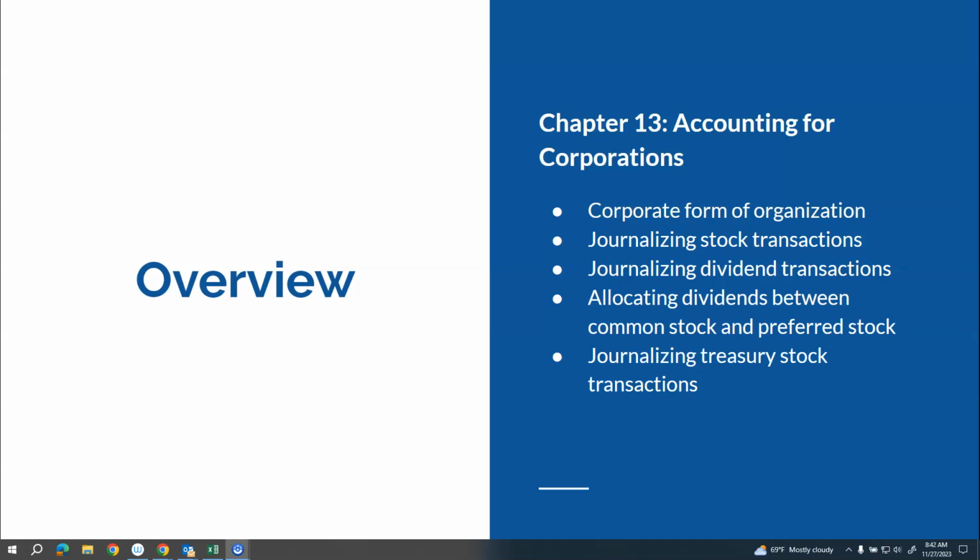So let's just dig into that third and fourth bullet a little bit more before you get to your reading. When we're referring to dividends, the closest equivalent we can really relate it to is the drawing account back in Accounting 1 and in Chapter 12 for partnerships. Back in the day, whenever an owner would make a withdrawal from their company, we would call it drawing or withdrawal.